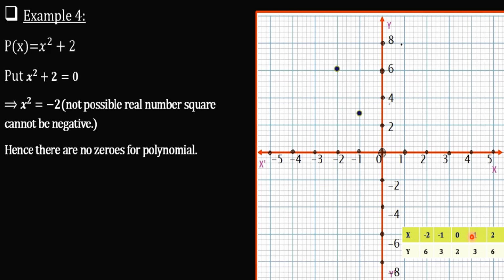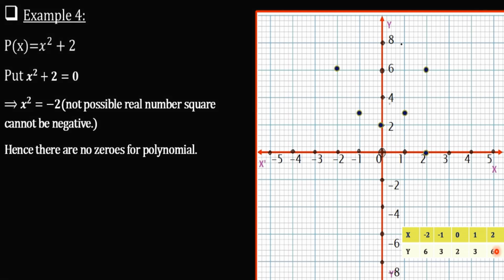Next 0, 2, that is x equal to 0 and y equal to 2, this point. x equal to 1 and y equal to 3, this point. Next x equal to 2 and y equal to 6, that is this point, x is 2 and y is 6.